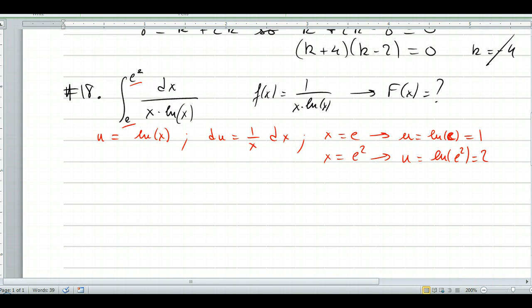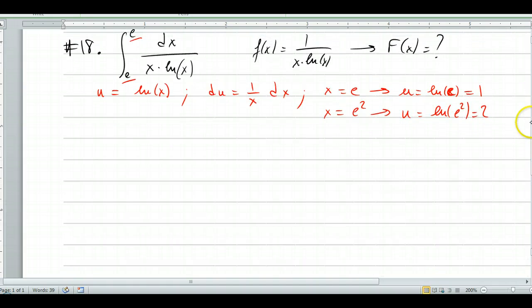All right, let's rewrite our integral, shall we? So this integral is the same as the integral from 1 to 2, where dx over x is just du, and 1 over ln x is just 1 over u, du.